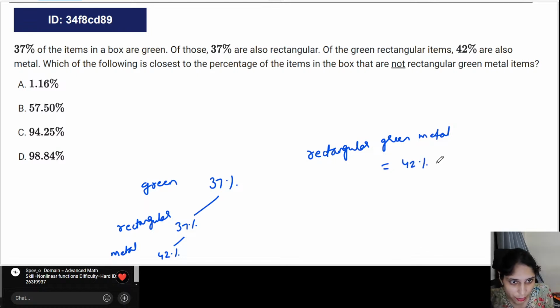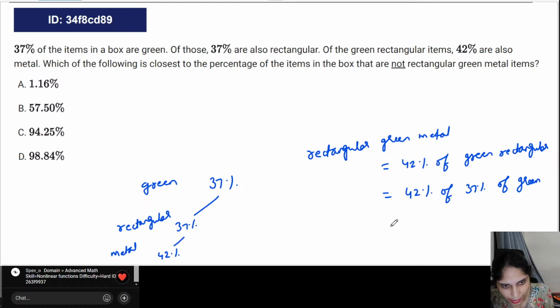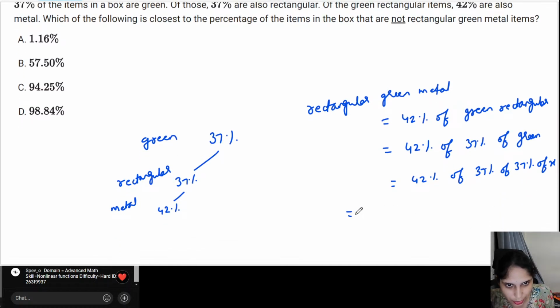That is 42% of green rectangular, and rectangular are 37% of green, and green is 37% of total. So you have to multiply 42 over 100 times 37 over 100 times 37 over 100.